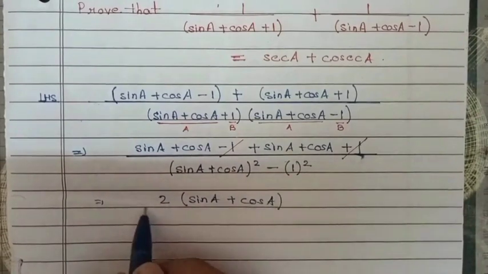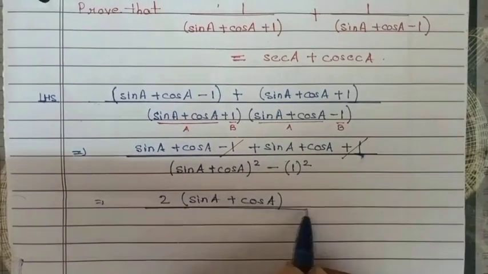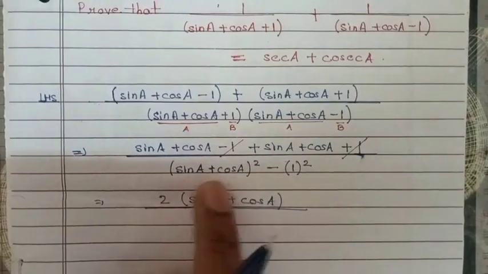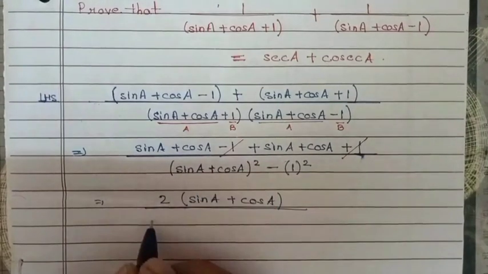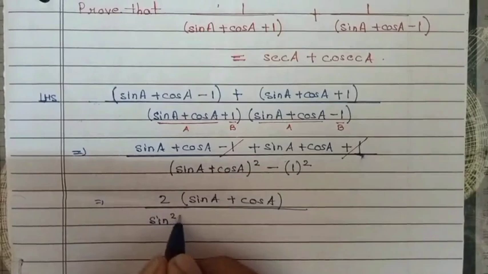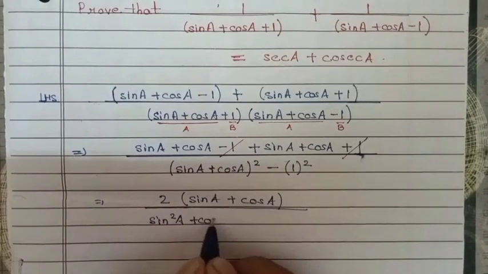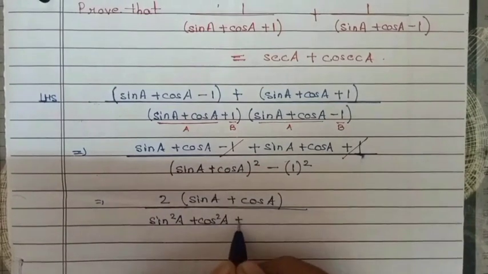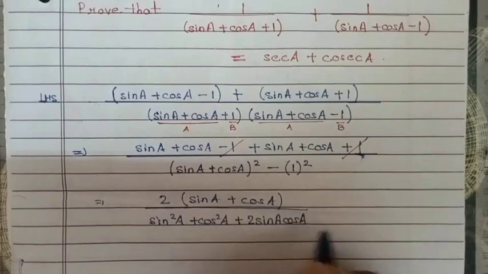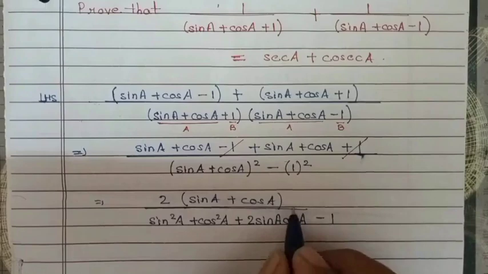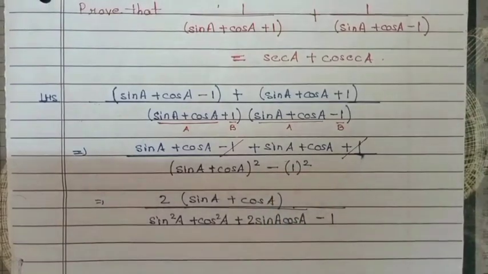Now in the denominator place, let's open the bracket. So sine A plus cos A whole square will give you sine square plus cos square plus twice sine cos, and then you have got minus 1. The square of 1 will give you minus 1.